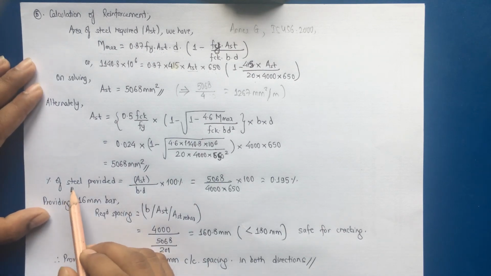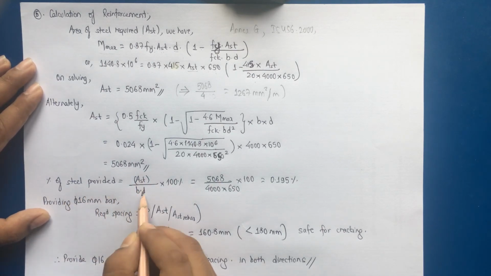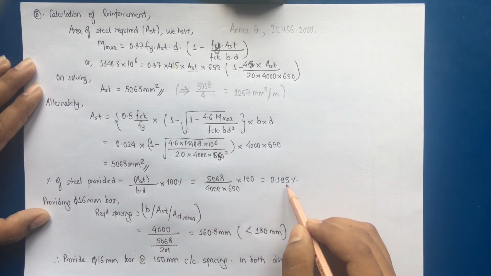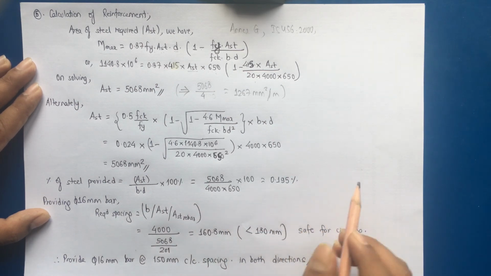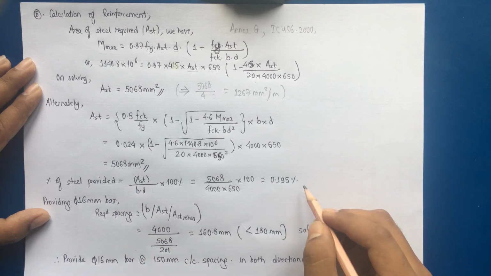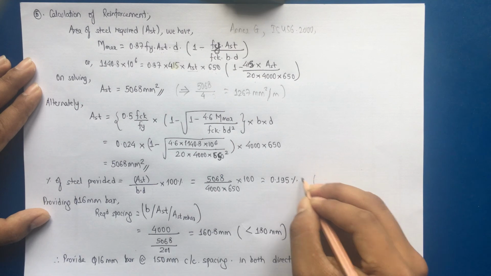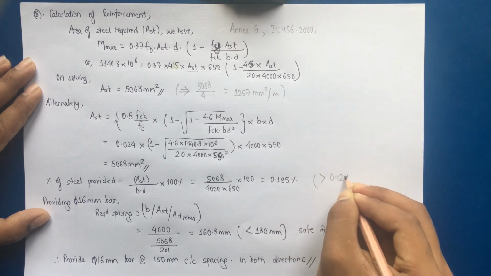So percentage of steel provided is equal to area of steel divided by b into effective depth. Don't get confused with the capital D, that is the gross depth. So this comes at 0.195%, and according to the code we have a minimum of 0.12%, which is less than 0.195%.